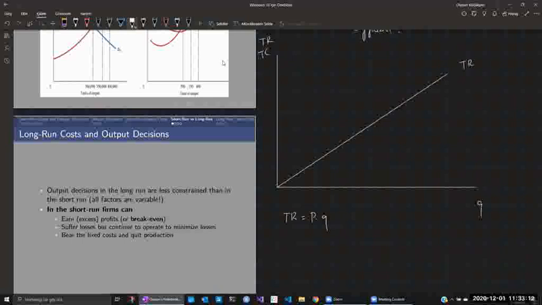Then the total cost looks like the following. It is first concave, then it is convex, right? So this is total cost. It's not perfect, but you get the idea. It's positively sloped everywhere, but the slope is changing.